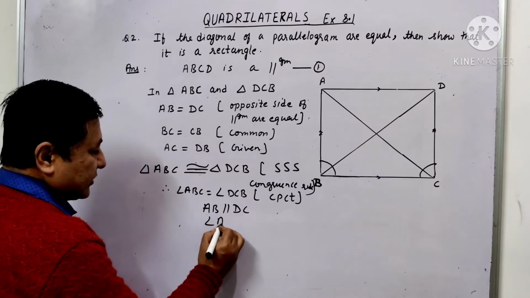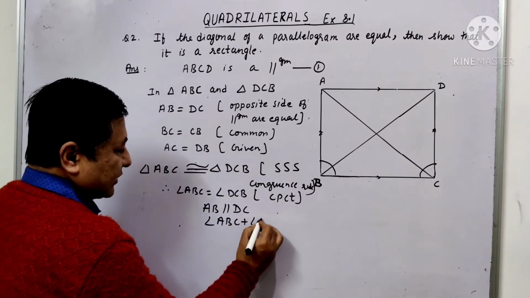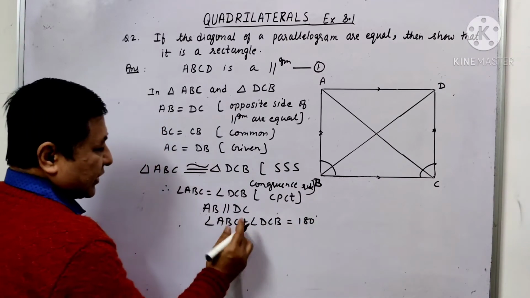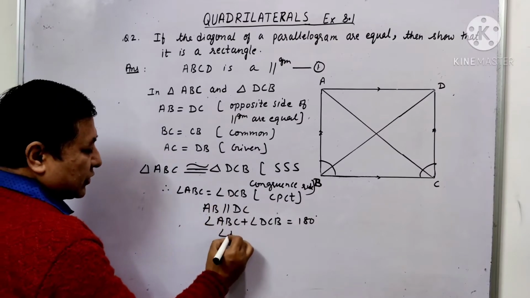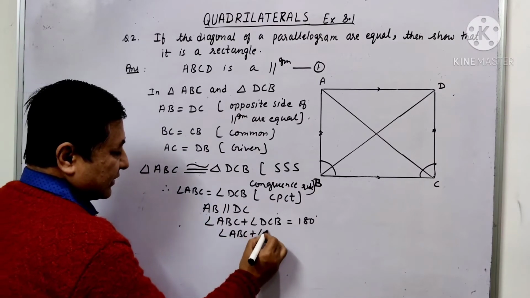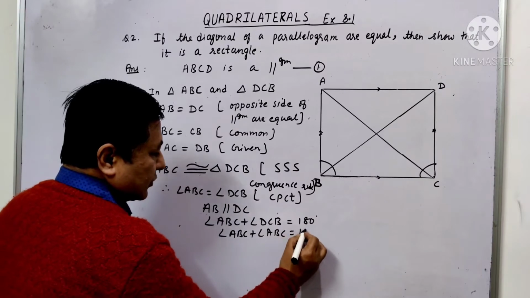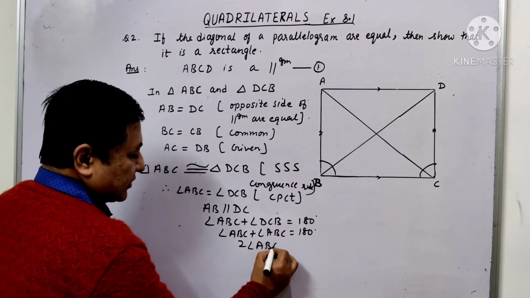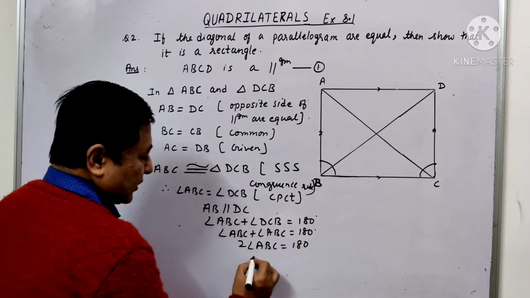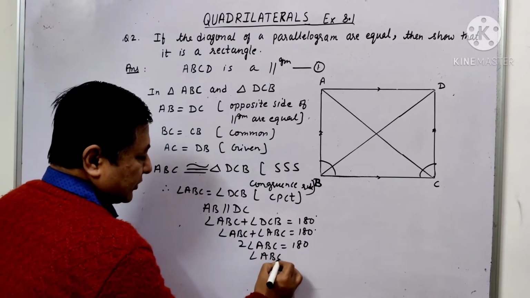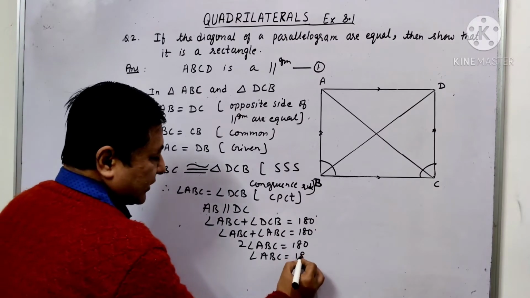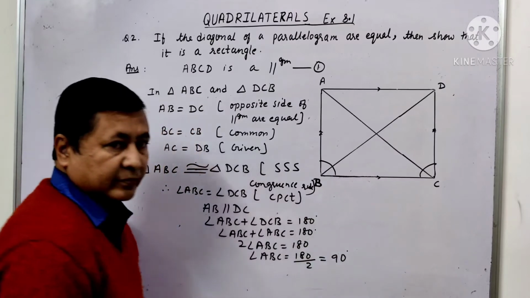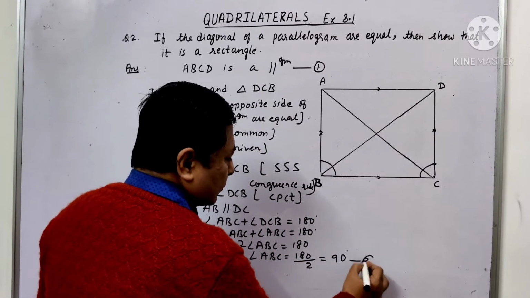So angle ABC plus angle DCB is equal to 180 degrees. Since angle ABC and DCB are equal, angle ABC plus angle ABC is equal to 180. So twice angle ABC is equal to 180 degrees. So angle ABC will be equal to 180 upon 2, and that is equal to 90 degrees. This is marked as number 2.